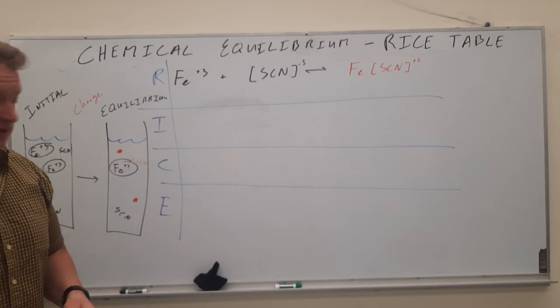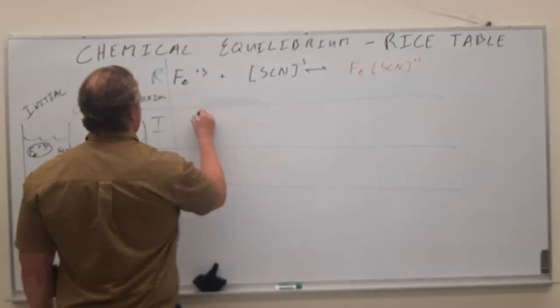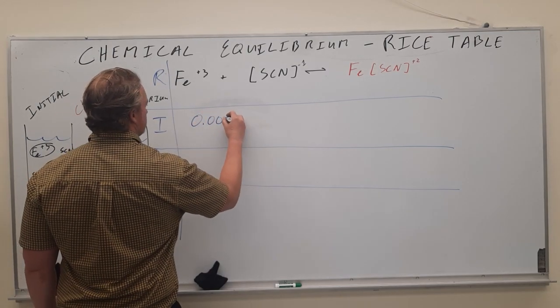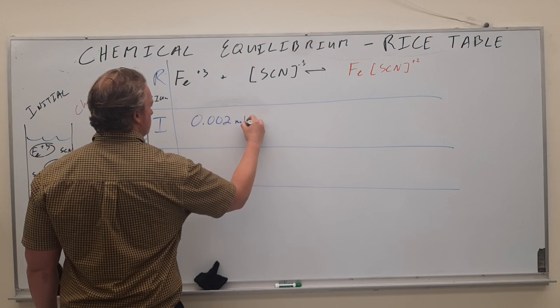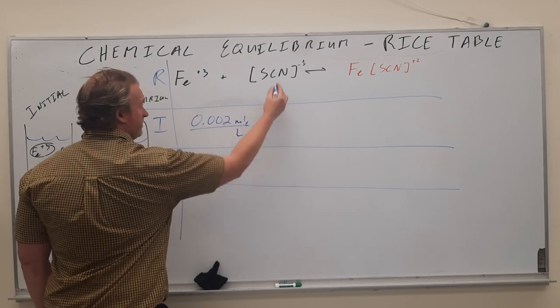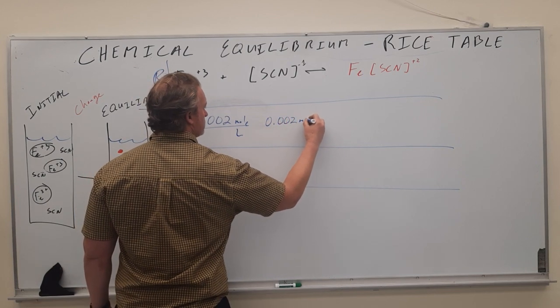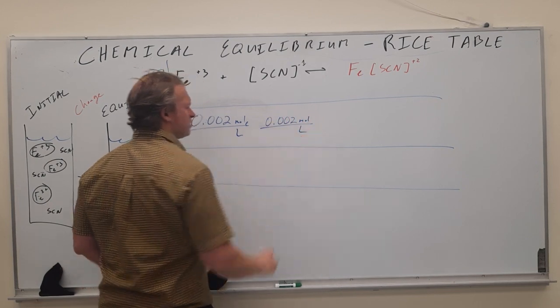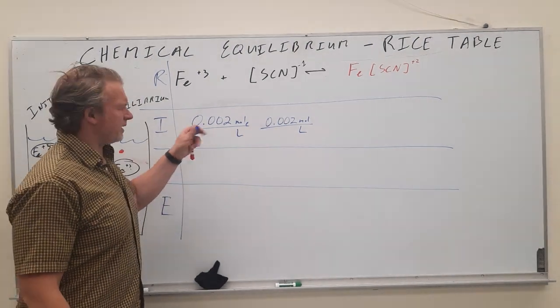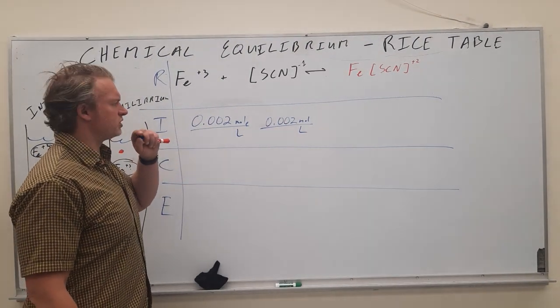I am just going to make up some numbers. This was 0.002 moles per liter, and this right here was 0.002 moles per liter. Again, I'm just making up numbers that may or may not match what was in your solutions.